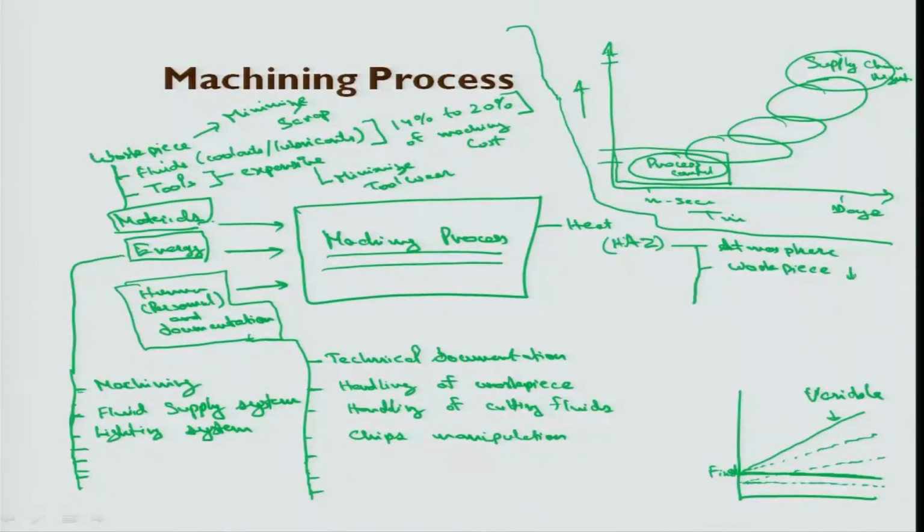That may deteriorate the quality of my workpiece, maybe surface finish, and chips also carries away some heat, and most of the heat is carried away by cutting fluids, which is one of the fundamental purposes of using cutting fluids.